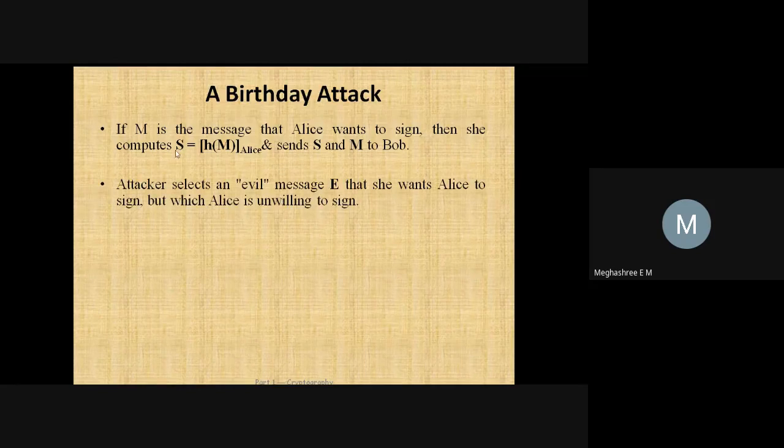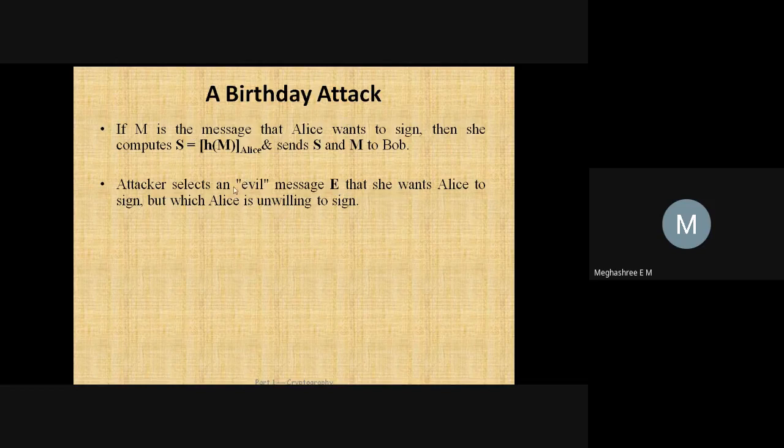What happens now? Consider there is an intruder, or as we discussed in the previous chapter, Trudy as an attacker. Let's consider that Trudy will create a message, which we call the evil message, represented as E, that Alice doesn't want to sign.